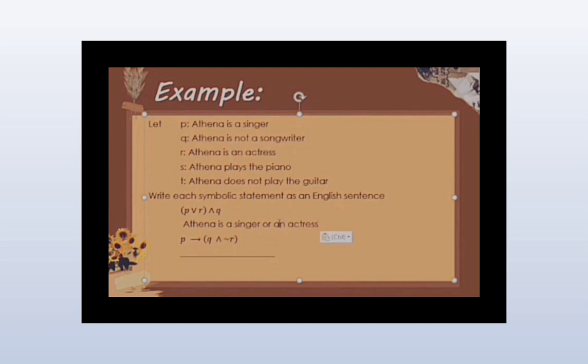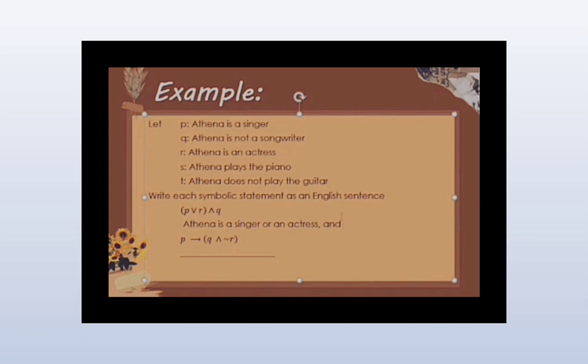Then, comma, since we have parentheses here, we have to put a comma. Then our connective here is and, so we have and. We let Q be Athena is not a songwriter.